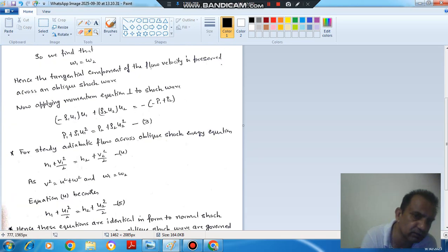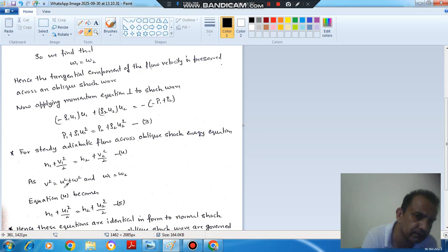Now we derive the energy equation. The basic energy equation is h1 plus v1 square by 2 is equal to h2 plus v2 square by 2. That is the energy before the shock and the energy after the shock. It remains the same because there is no energy added across the shock. But here we have resolved v into two components, u and w.